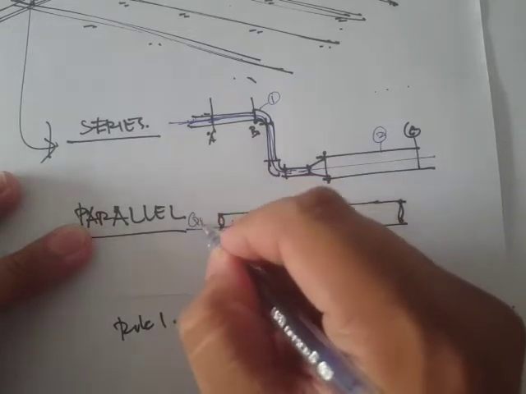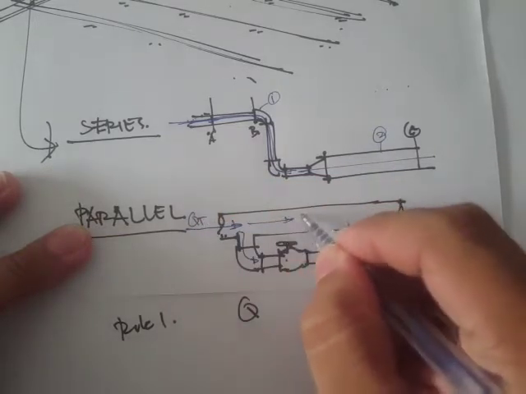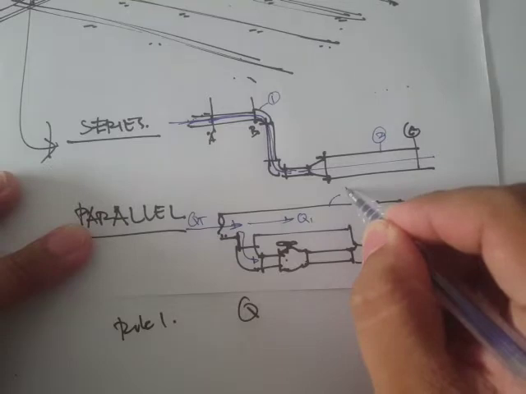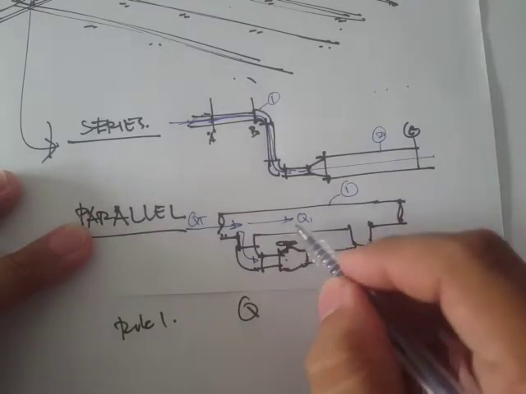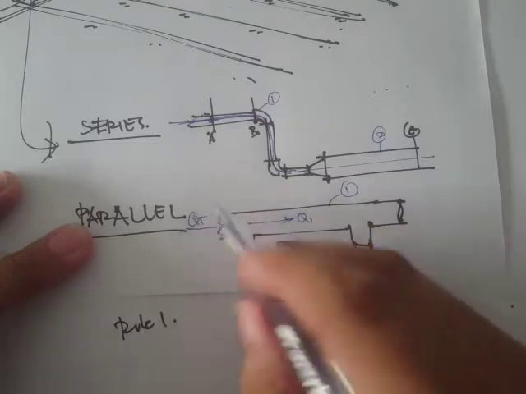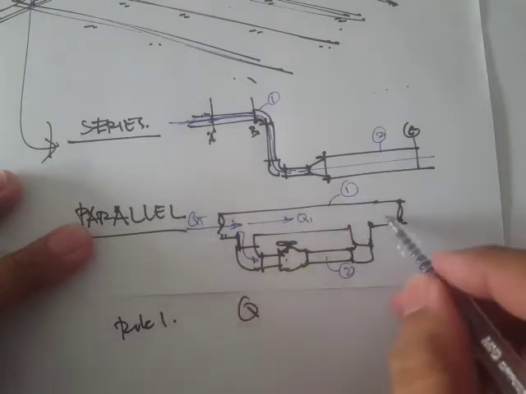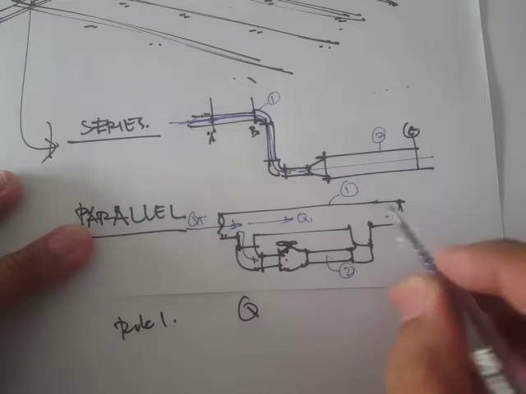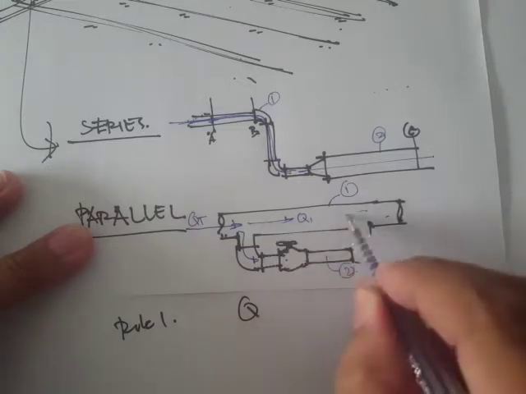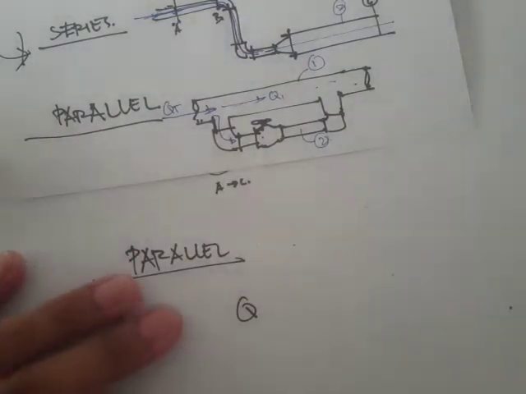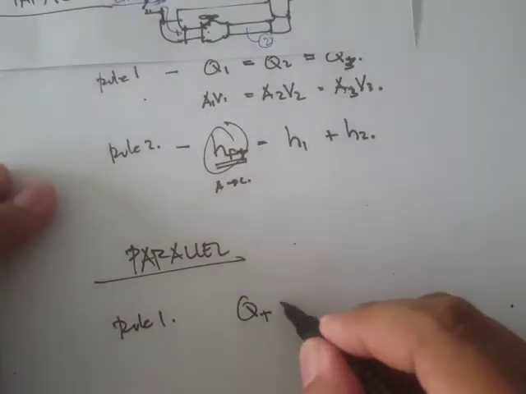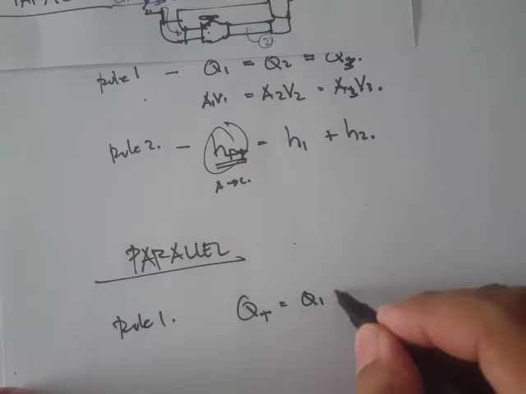If this is our Q total, then let's say this is our pipe 1, and this is our pipe number 2. It just means that Q total is the sum of the flow rate at pipe 1 plus the flow rate at pipe 2. Okay, so Q total is equal to Q1 plus Q2.